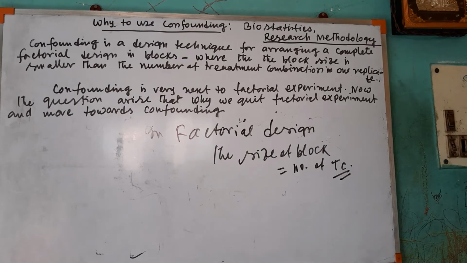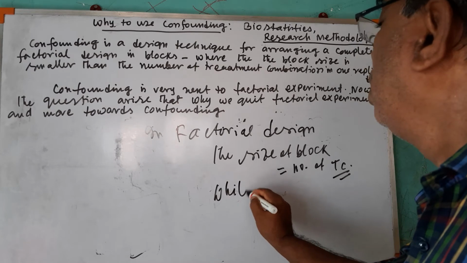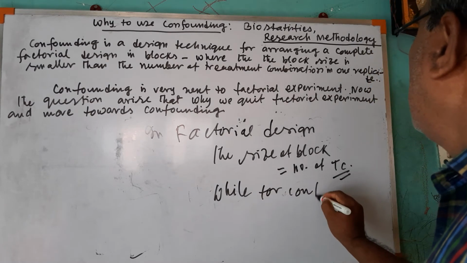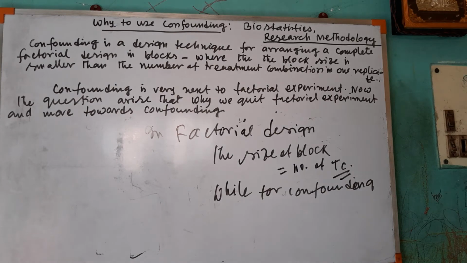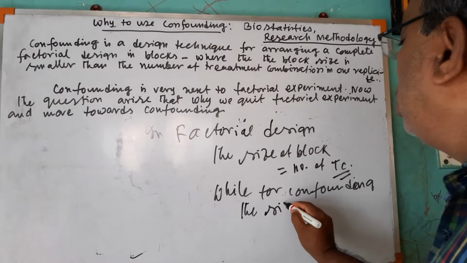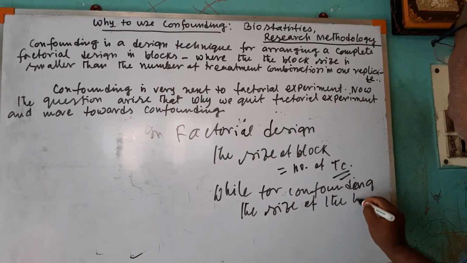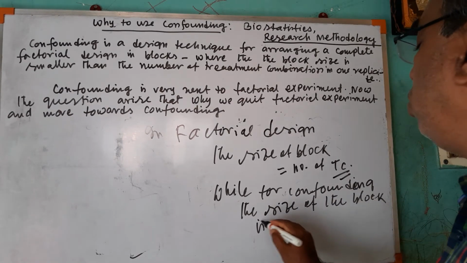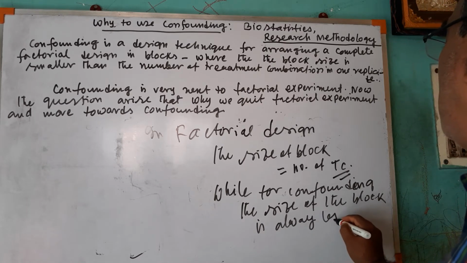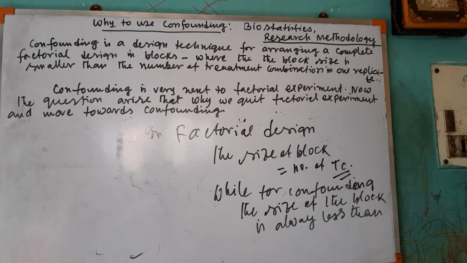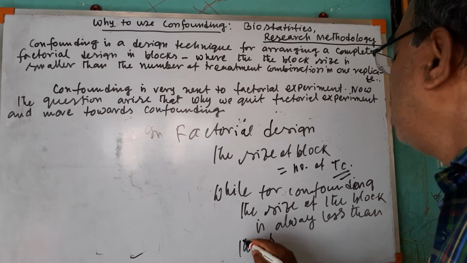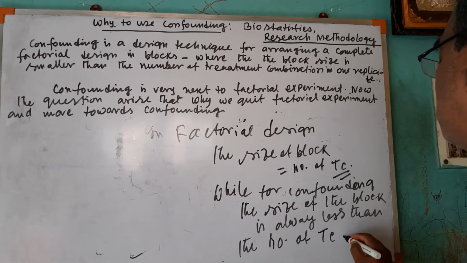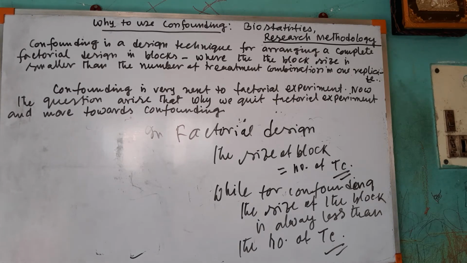While for confounding, the size of the block is always less than the number of treatment combinations.